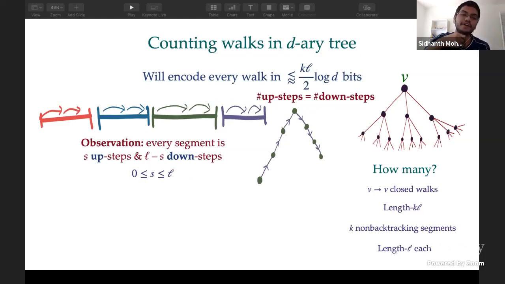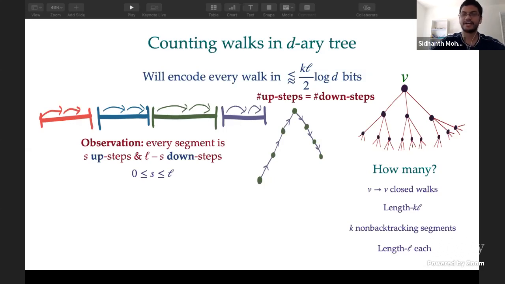Now, here's the second observation. And this is where we're going to use the special structure of the walk of being composed of K non-backtracking segments, which each have length L. So in one of these length L non-backtracking segments, I claim the structure is always I move S steps up and L minus S steps down, where S is possibly 0.